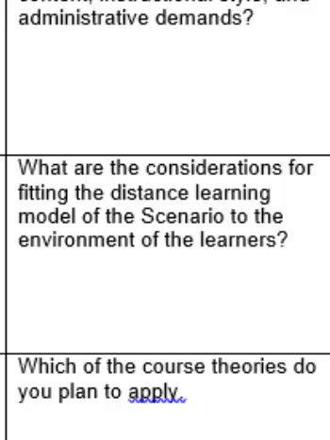Third, the question asks what you need to consider in order to enable that distance learning model to meet the needs of your learners as you've been describing them in all of the other cells in this matrix. What must you do to accommodate your specific learner's needs?